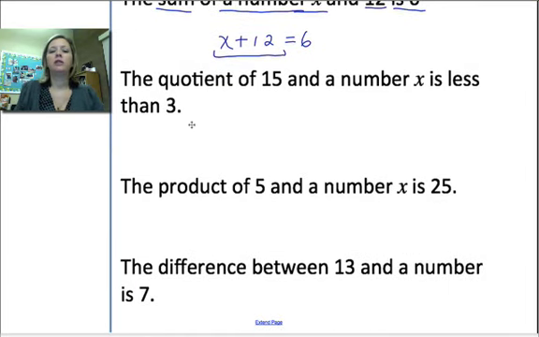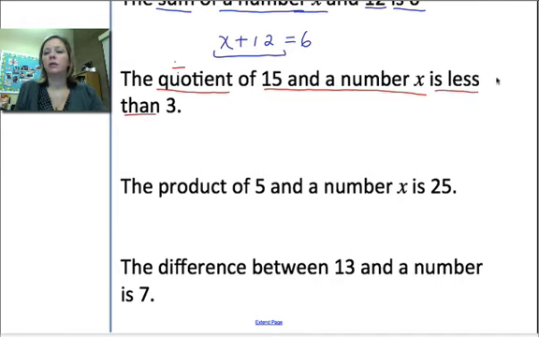The quotient of 15 and a number x is less than 3. So quotient tells me to divide. 15 and a number x tells me what I'm dividing. And then is less than. That tells me this is going to be an inequality.